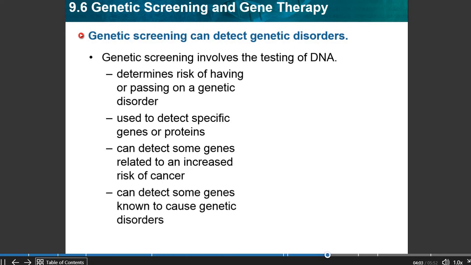So you could do it pretty much like that microarray thing for some of it, or you could do a DNA fingerprint type of thing and see, do you match with these areas of individuals that have this genetic disorder.